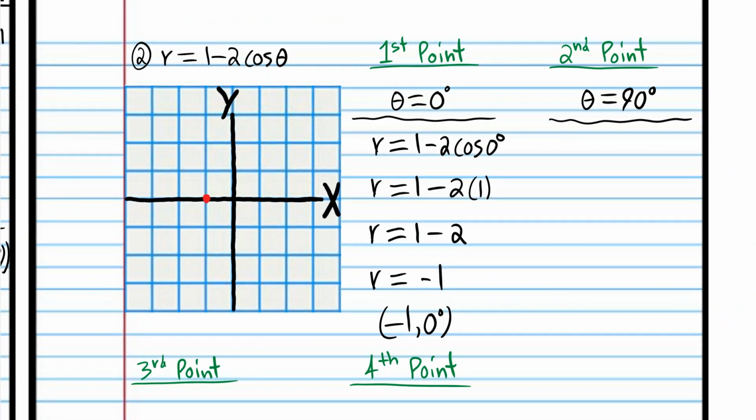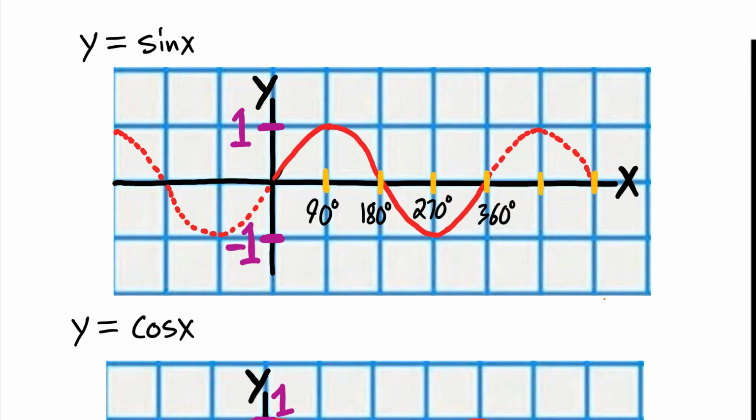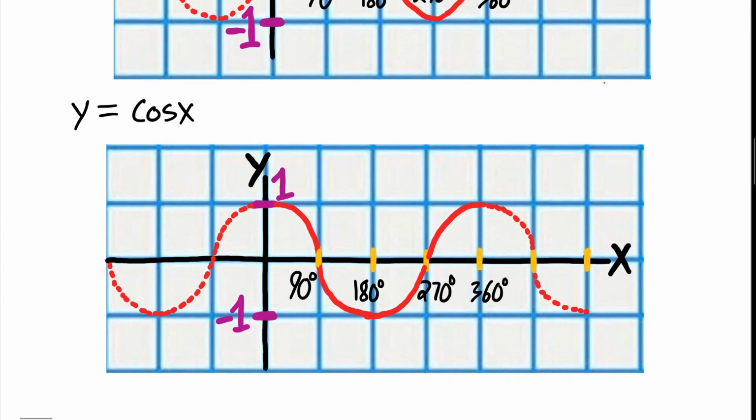So we're going to plug in 90 degrees. So we have cosine 90 degrees, and how do we know what cosine 90 degrees is? Again, we go to our graph. So count out 90 degrees, and we see, whoops, that's the wrong graph. Count out 90 degrees, and we see that the value of cosine 90 is 0.